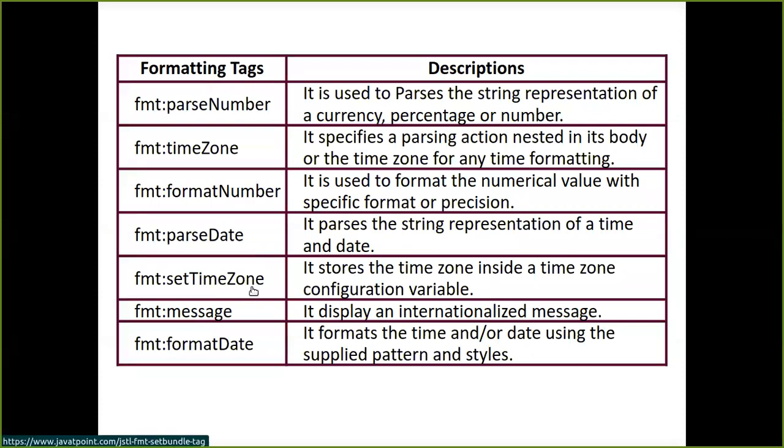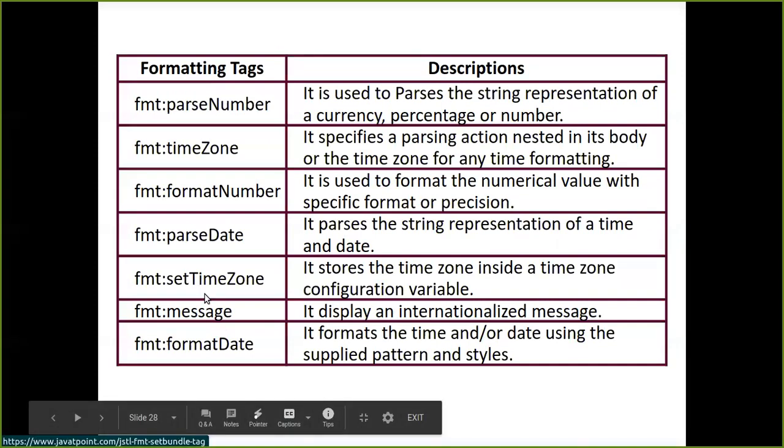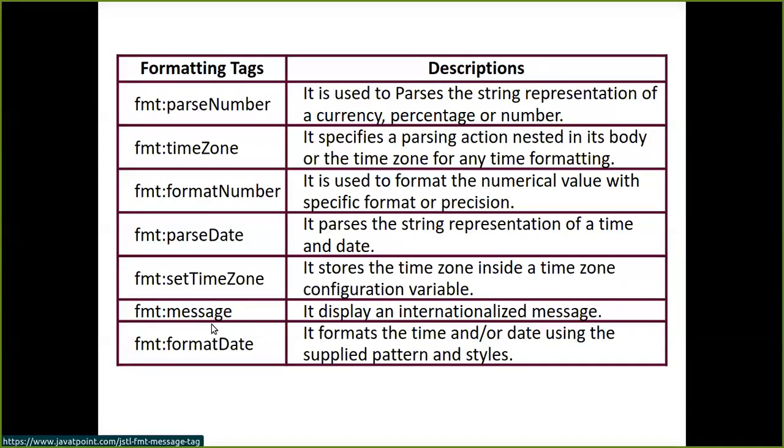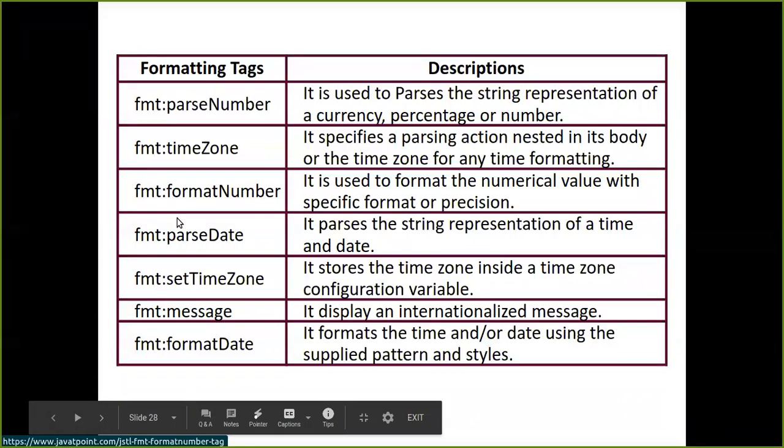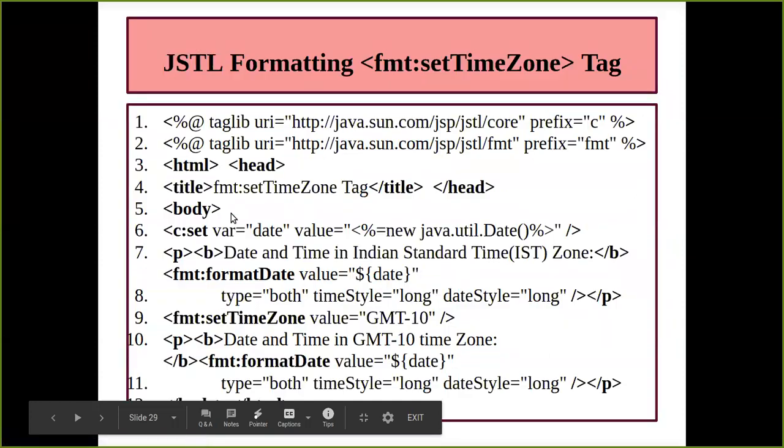Or we can set our own time zone, which can be in GMT form or IST form. Then we have format date, where we can set the pattern and the style of the date and the time. So this is how you're going to work with the formatting tags. We'll see a few examples.